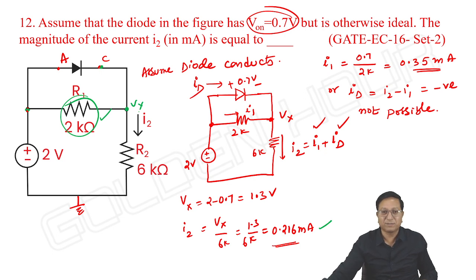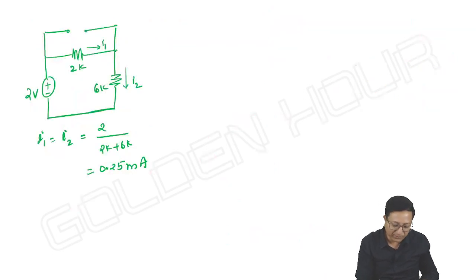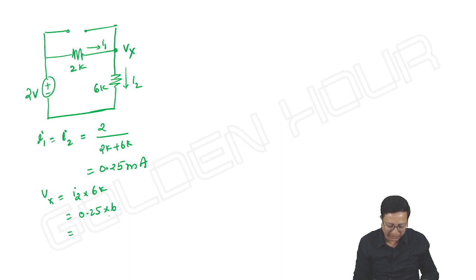Let us find that Vx, the voltage at the cathode of the diode. So Vx is equal to I2 into 6K. It is equal to 0.25 into 6, milli and kilo cancel. Its value is equal to 1.5 volts.